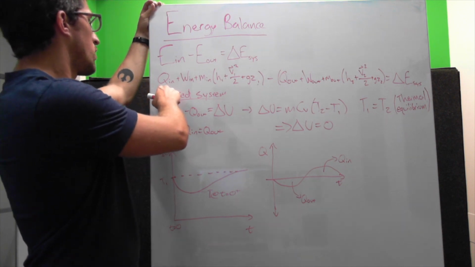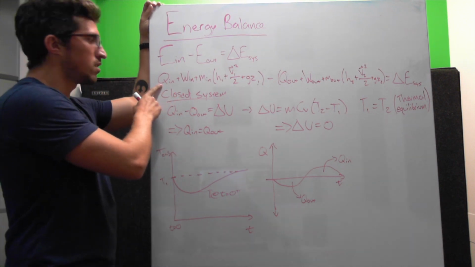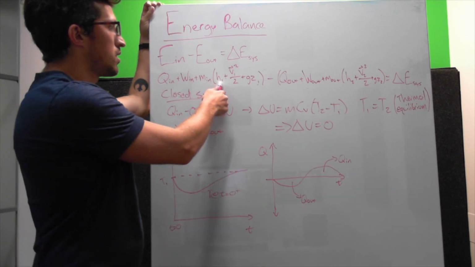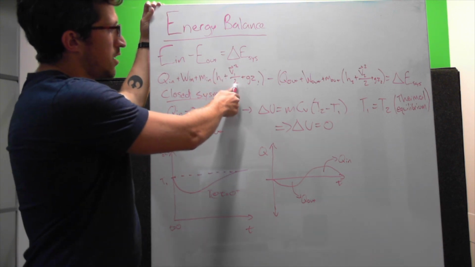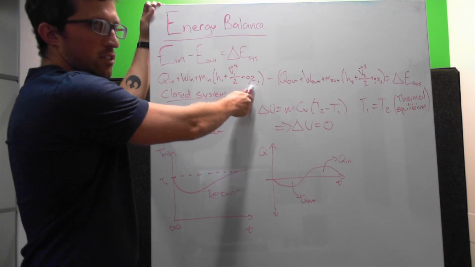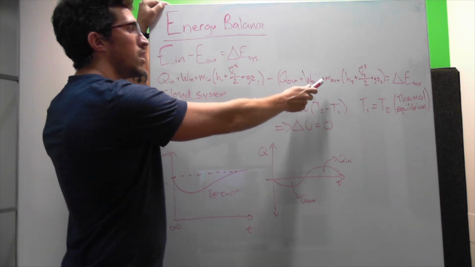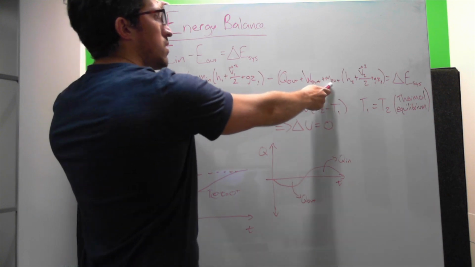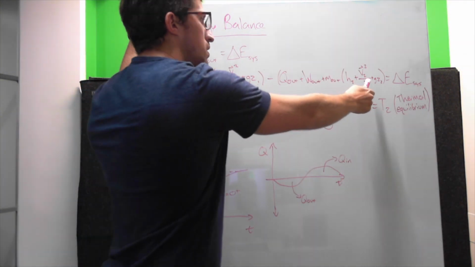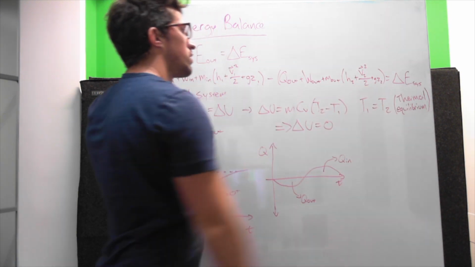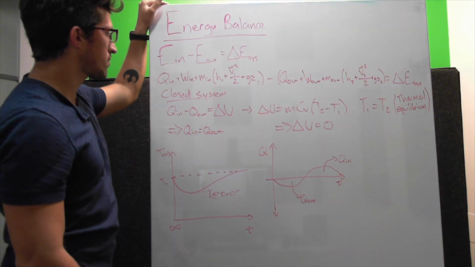When we write it all the way out, we're going to have heat in plus work in plus mass in times enthalpy plus kinetic energy plus potential energy. And we're going to subtract the heat out, the work out, mass out times enthalpy plus kinetic energy plus potential energy. And this is going to equal the change in energy of our system.